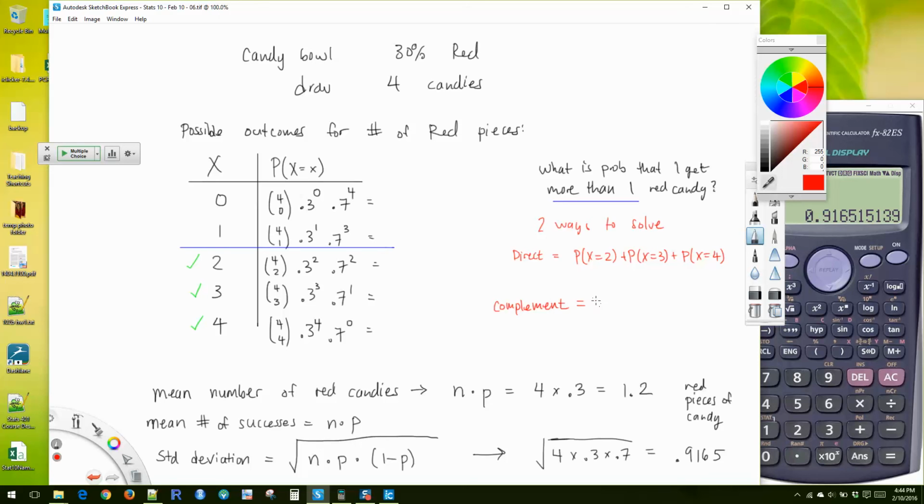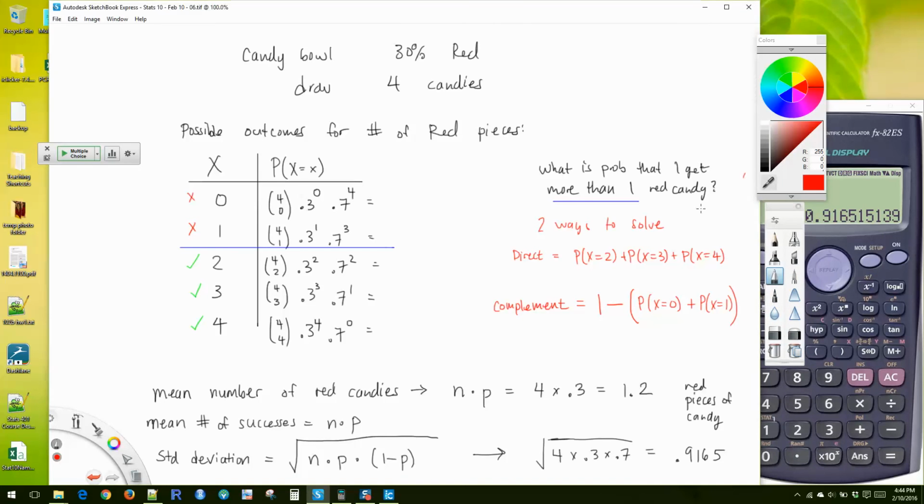For the complement, I would do 1 minus the probability of getting no red candies or the probability of getting 1 red candy. So the idea is I can either add up these 3 numbers, or I can add up these 2 numbers and subtract this quantity away from 1. I know that all of the outcomes added together add up to 1. And I hope we can see that.